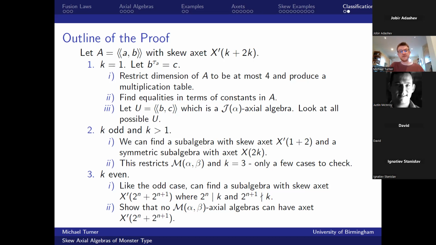And then there was quite a lot of work on understanding the structure of an axial algebra if it did have axet X prime 2^m plus 2^m plus 1. And in fact, they don't exist. So we've got this subalgebra that doesn't exist, so the whole algebra can't exist. And with these 3 cases, this gives us the complete classification of these skew axial algebras.